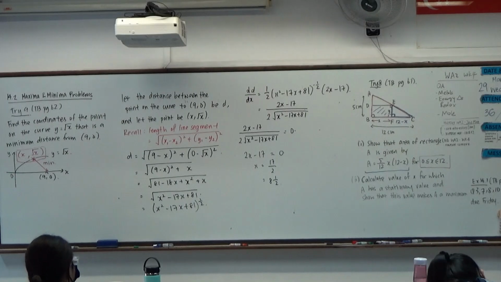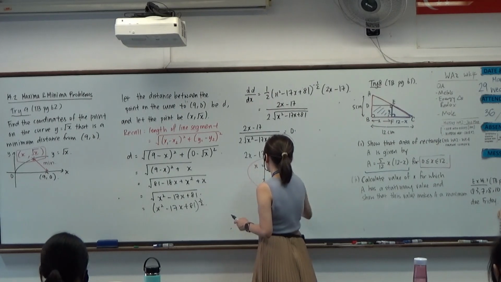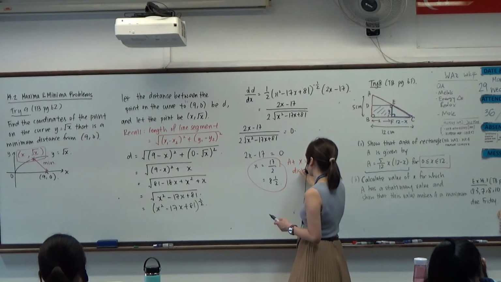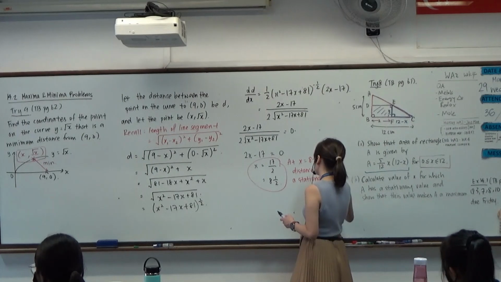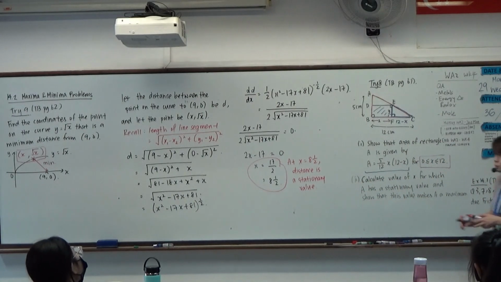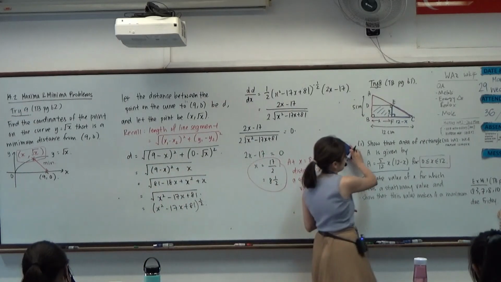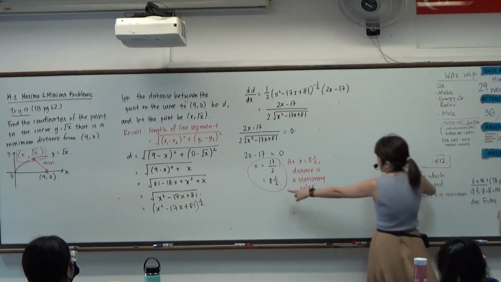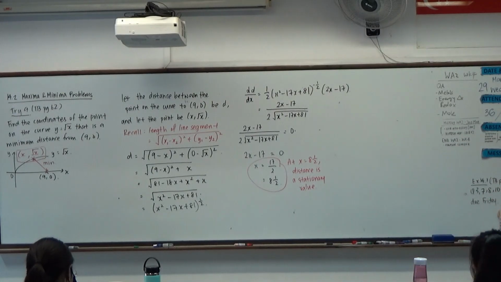At this juncture, 8.5 only tells me that at x equals 8.5, my distance is a stationary value. I have not yet proven that it is a minimum value. So I need to use the second derivative test or first derivative test to show that when x equals 8.5, I will be getting a minimum value.